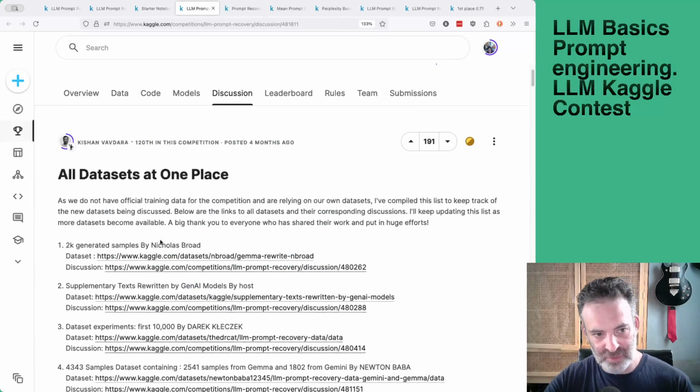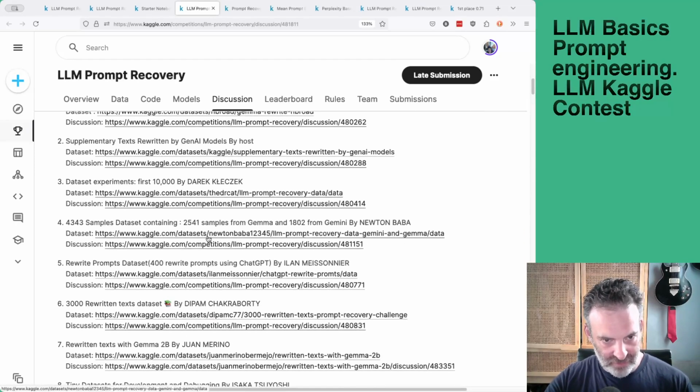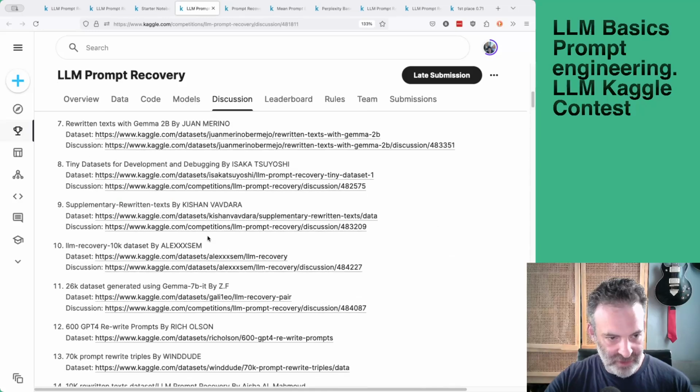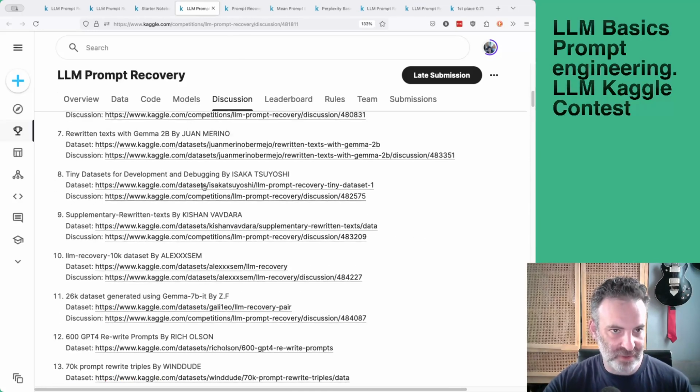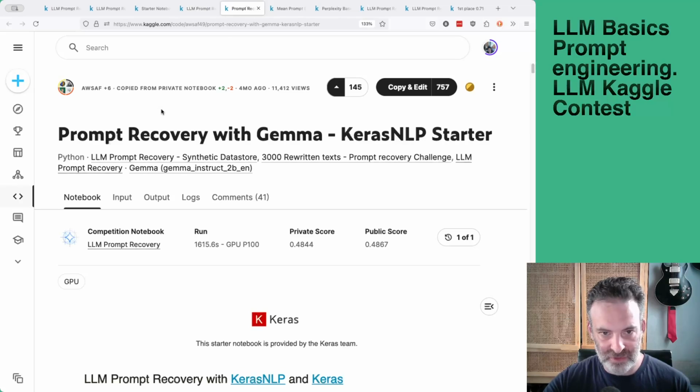Kaggle being the wonderful community that it is, a number of folks did this on their own, basically took this notebook and went ahead and rewrote a bunch of data sets with their own prompts, generating prompts using ChatGPT to filter the text through, and then posting it up. That's how people trained their models.